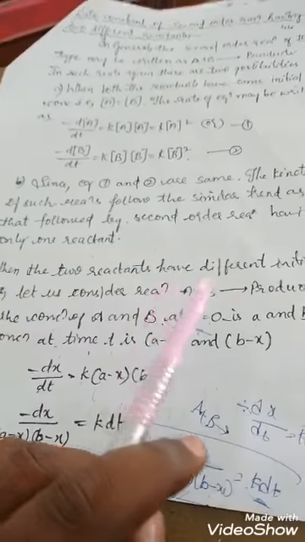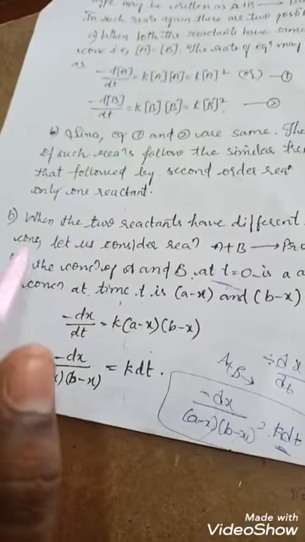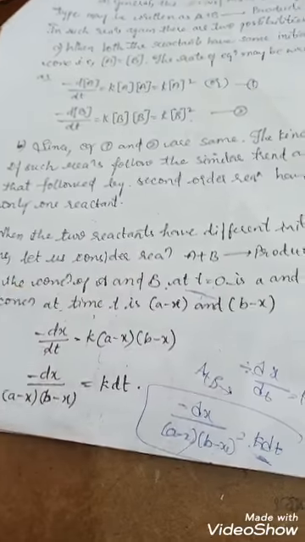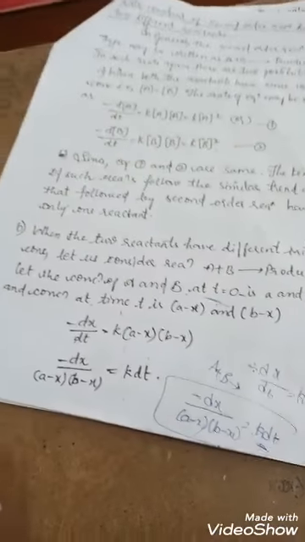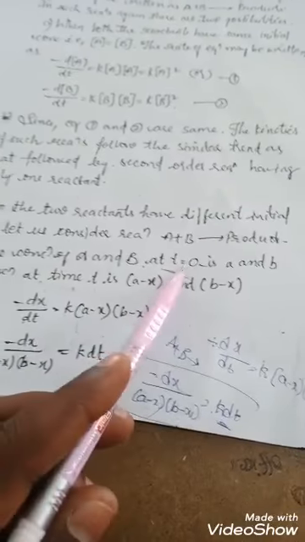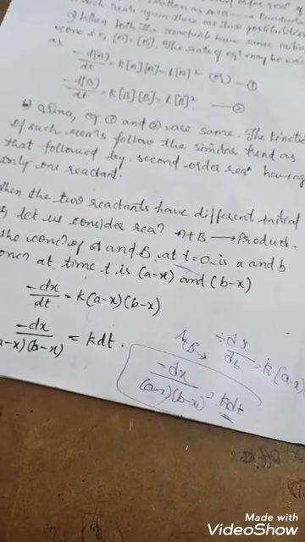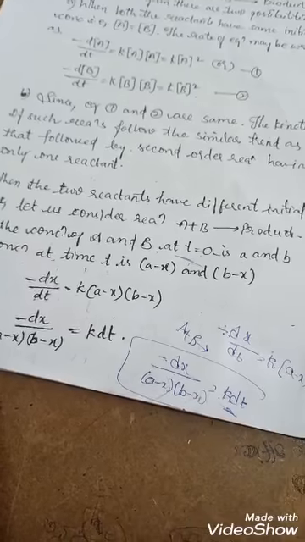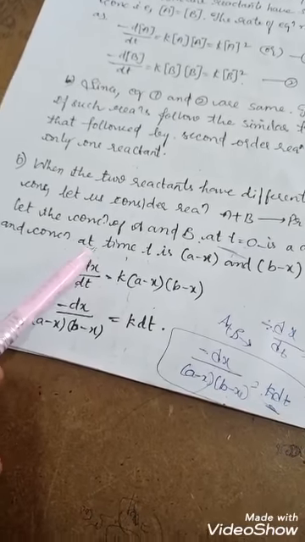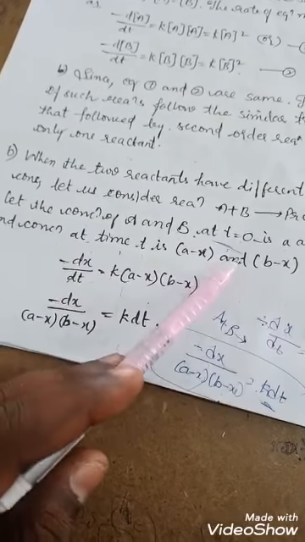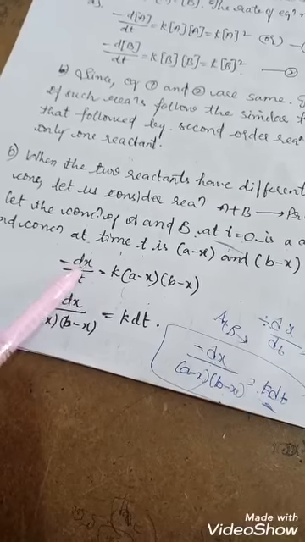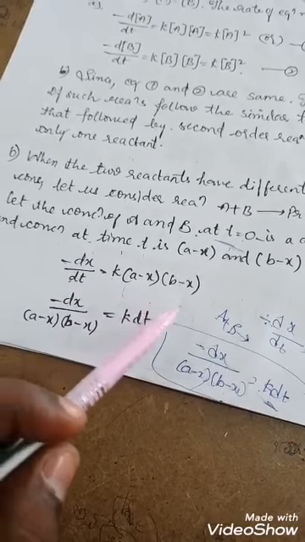When the two reactants have different initial concentrations, let us consider the reaction A plus B gives two products. The concentrations of A and B at t equal to 0 are a and b, and at time t they are a minus x and b minus x. So minus dx by dt equals k (a minus x)(b minus x).